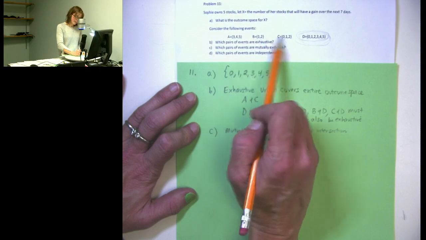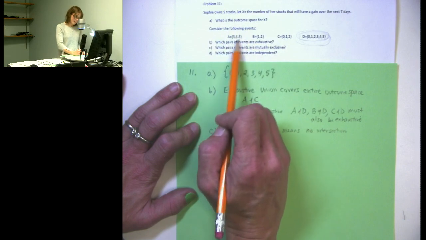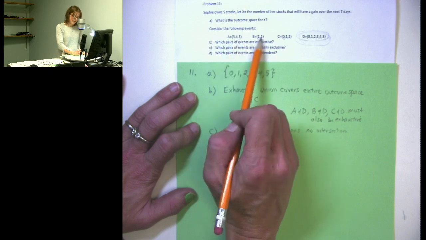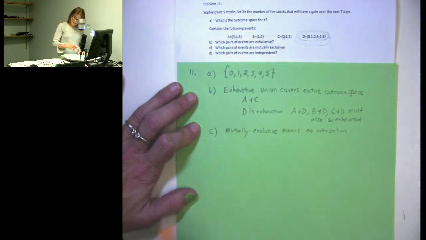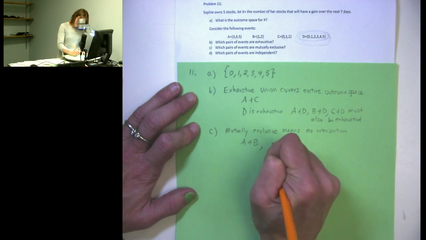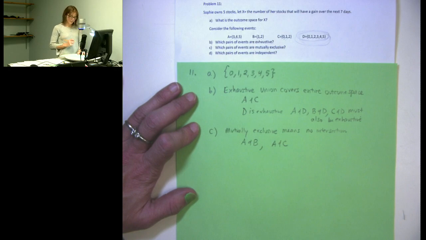B and C obviously have 2 outcomes, 1 and 2, in common, so they're not mutually exclusive. But A is mutually exclusive with both B and C because none of the outcomes in A occur in B or C. So A and B and A and C are both mutually exclusive.